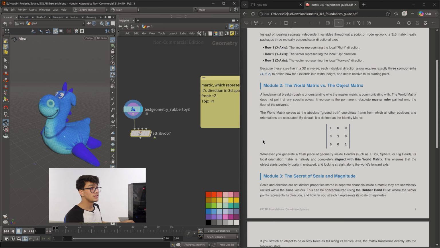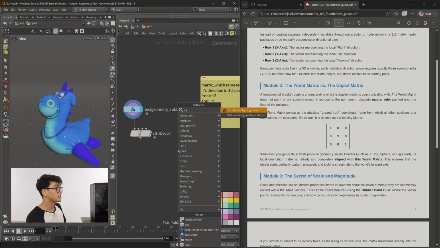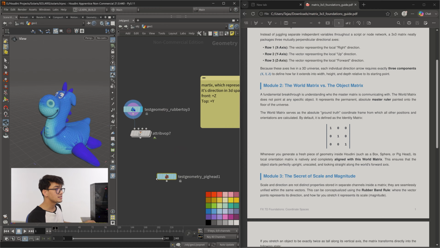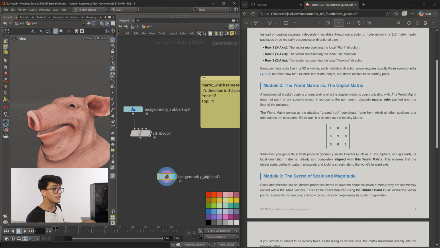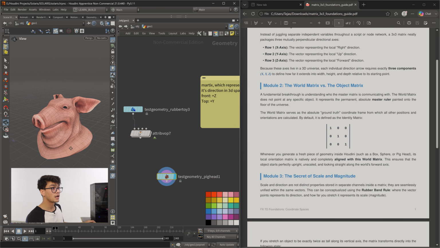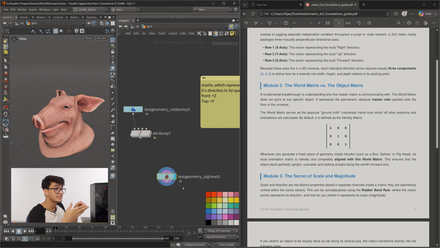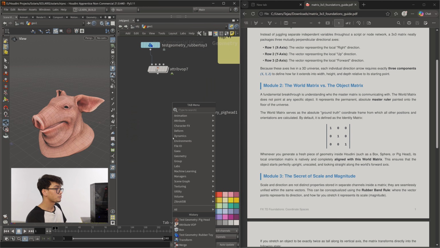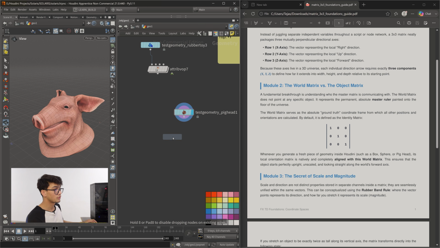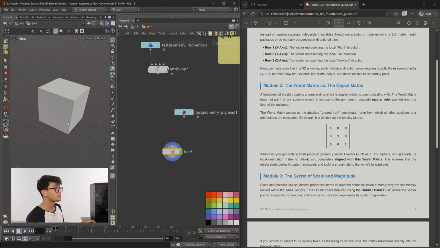That's why when we create a pig head, it will face the same direction, because they already put the matrix inside this and told this object that its face will face in the positive z direction. When I create a box, it has a matrix, of course. Why not? Because we have its direction.